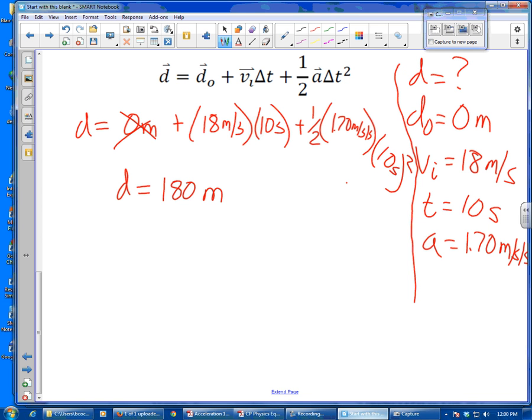Because, good question. Let me do it in a different color down here. When I have meters over seconds, and I multiply that by seconds over 1, because 1 second is on top and 1 is on the bottom, they can cross out, leaving me just with meters. So, that's why. Good question. There we go.